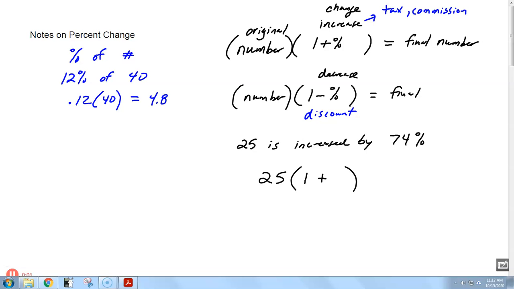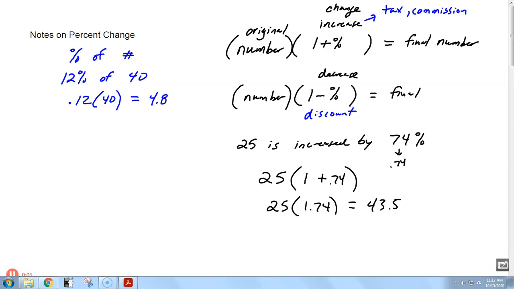And 74%, remember we want to put the decimal in there, that's 0.74. And that should give us our answer. So we're going to do 25 times 1.74, and this will give us 43.5.